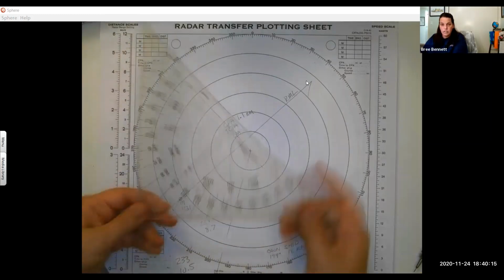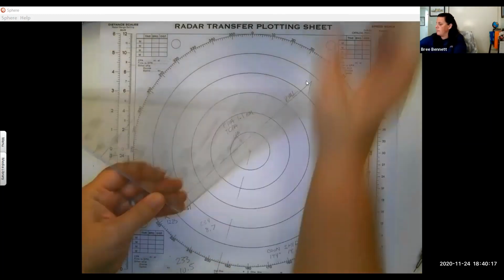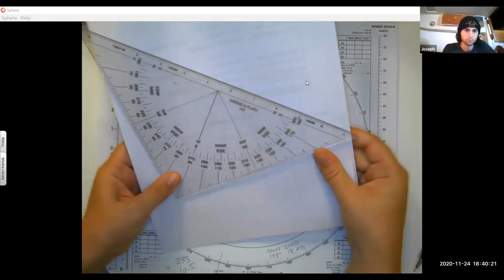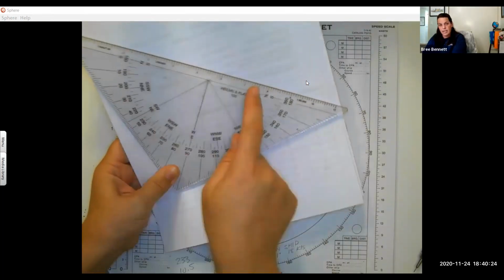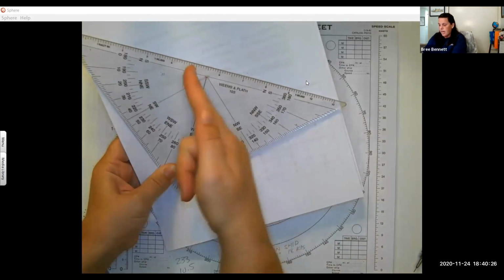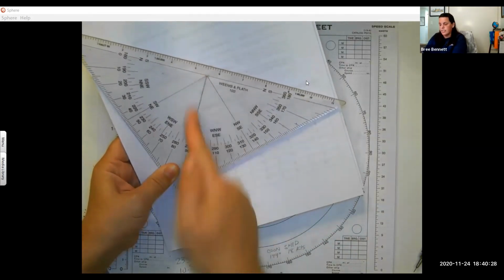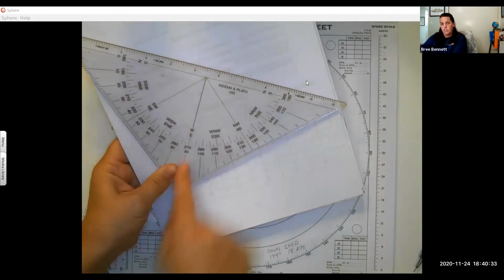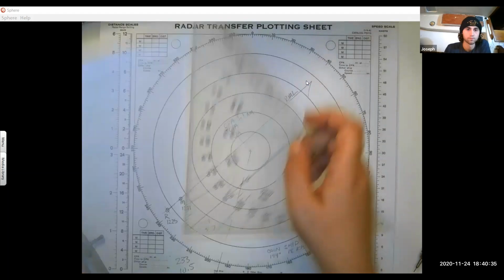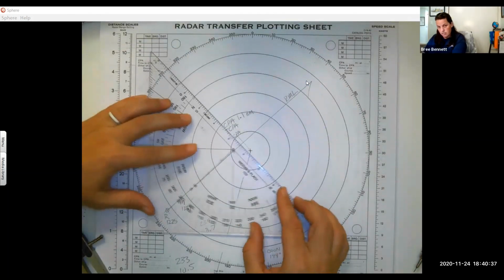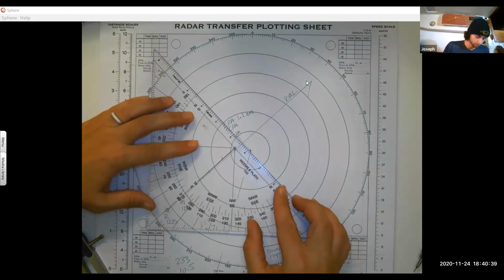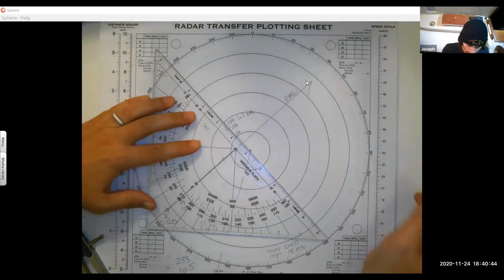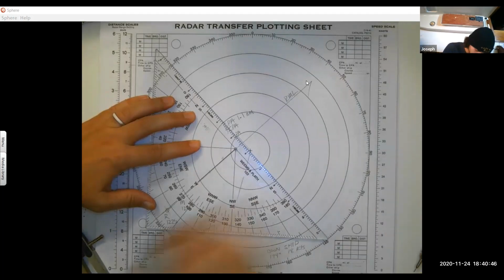So your triangle has the long side and the 2 short sides. This 90 to 70 degree line is going to give us perpendicular to anything on this side. So we're going to put that line on the relative motion line. Got it. And then we go from the center. Okay, thank you.